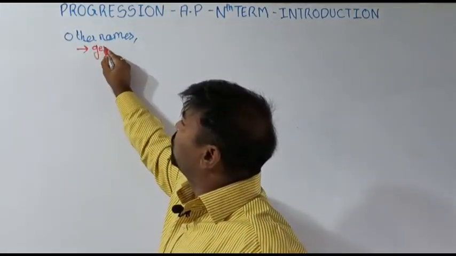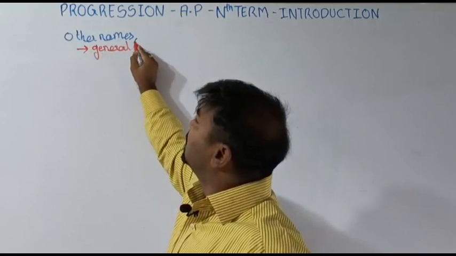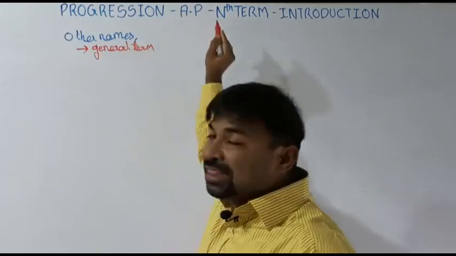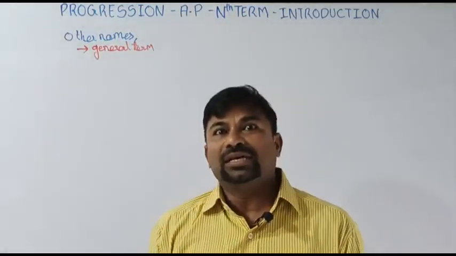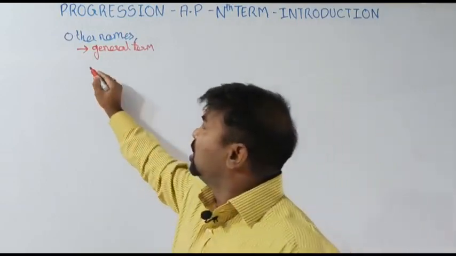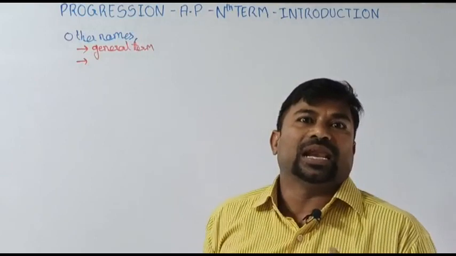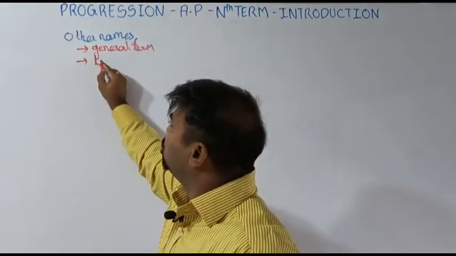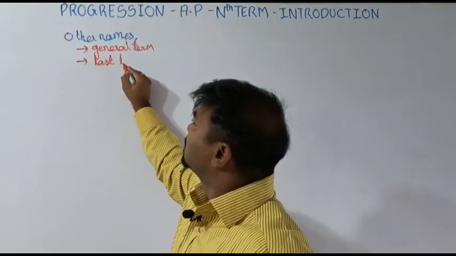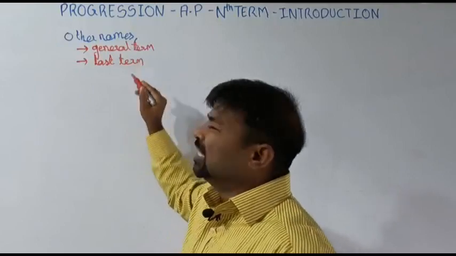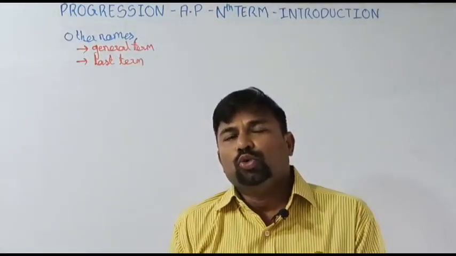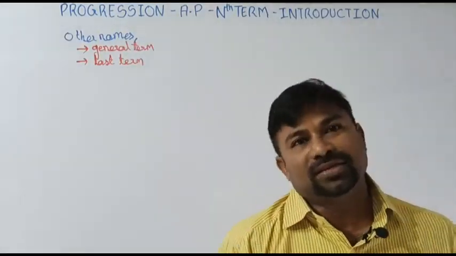The first one we are supposed to remember is general term, meaning the nth term is also called the general term. Now the other one I would like to mention is the last term. Yes, you call that the last term. These are the generally used other names for our nth term formula.